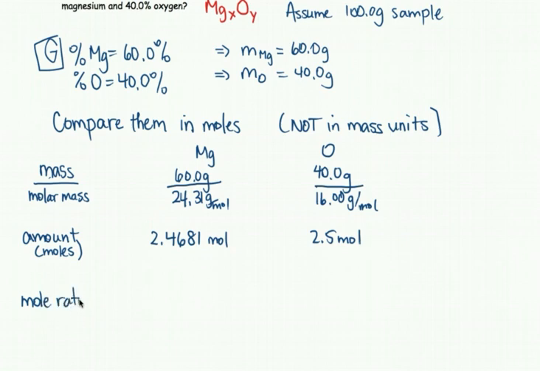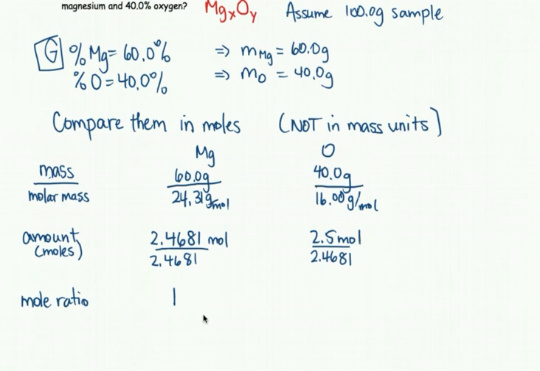The mole ratio step is where I take the lowest one and compare it to all the other ones that I have. In this case, we only have one other one, so oxygen is 2.5, and I'm going to compare it to the moles of magnesium. And magnesium, I'm just going to compare to itself. You always divide by the one that has the lowest number of moles. The reason we do this is we're trying to find the ratio.